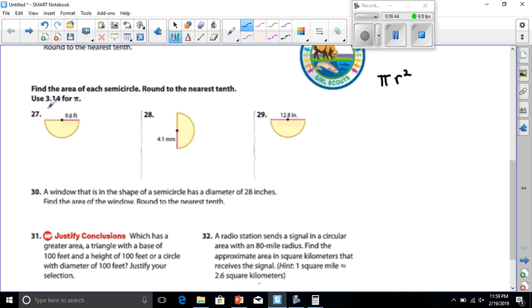If a whole circle is pi r squared, and we only have half a circle, that means I can take pi r squared and divide it by 2 to get the area. So let's try it. 9.6 feet is my radius. So we're going to go with 9.6 squared times pi, and we're going to divide it by 2.